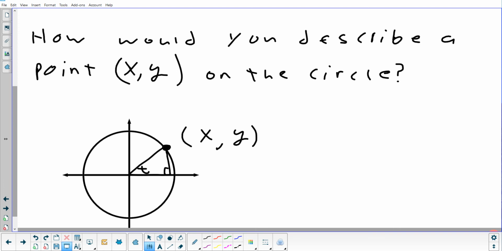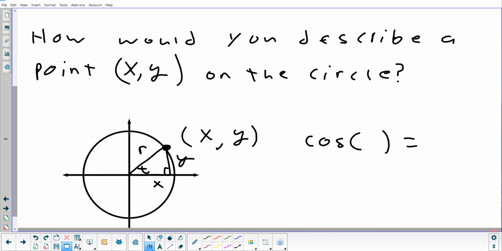Okay, so we'll call this side x. Let's call this side r. We'll call this side y. And what trig function would we use to find x? Cosine. And what would the equation be?